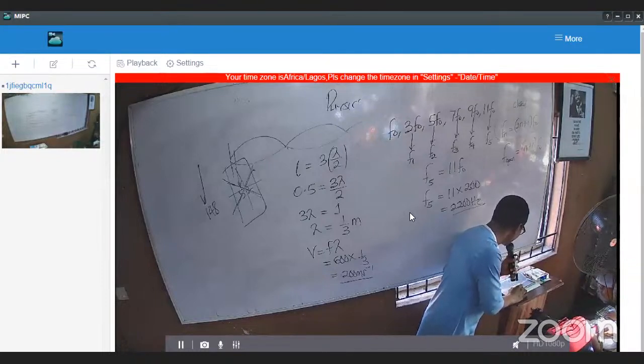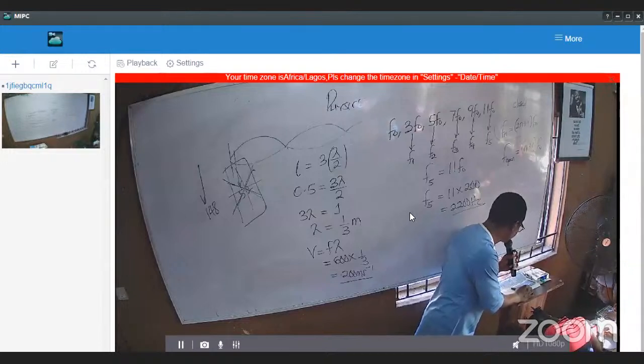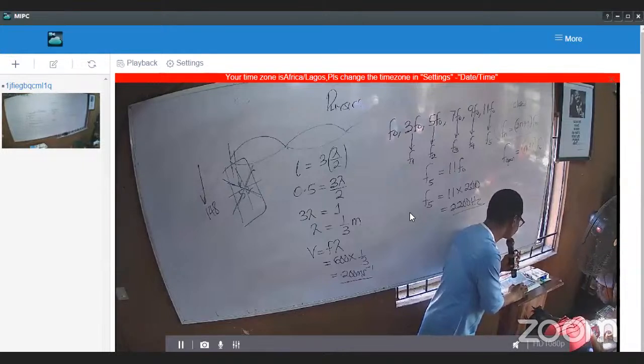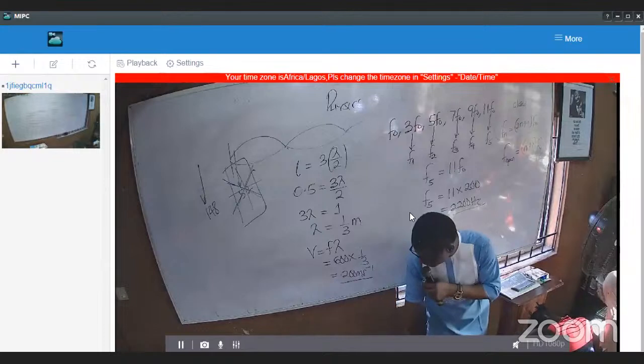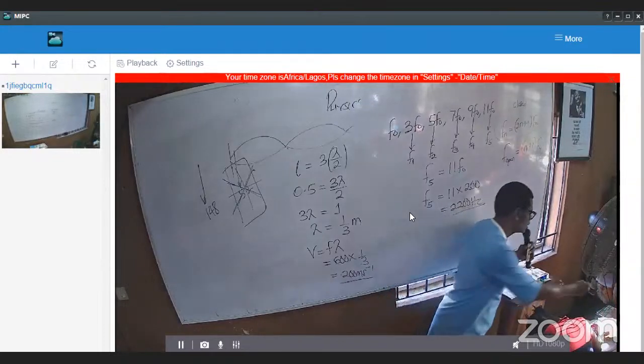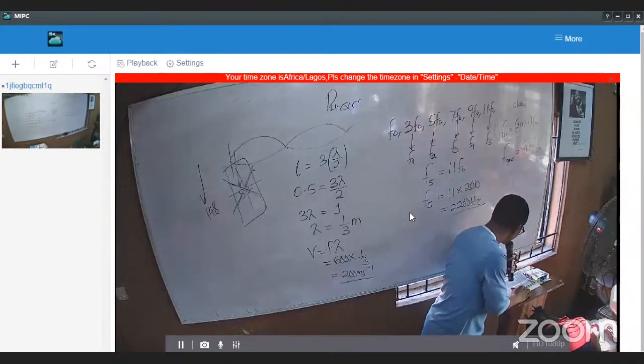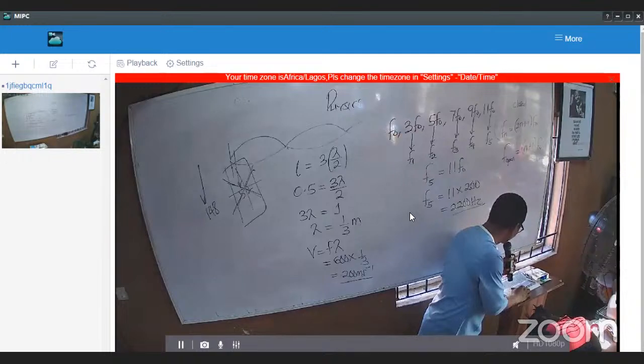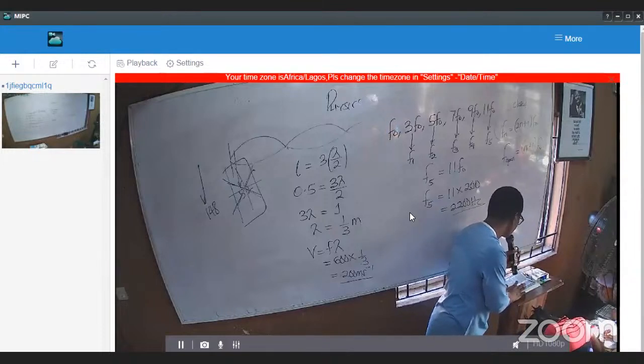As the air column of length L in an air pipe decreases, the frequency of the stationary wave emitted. Option A, decreases.